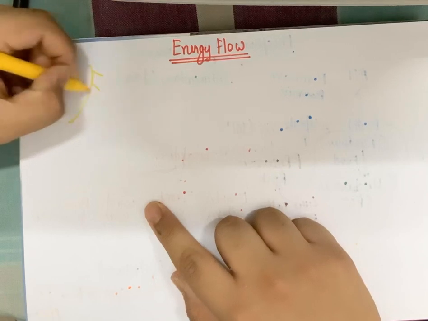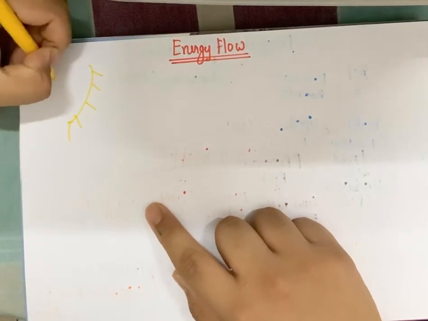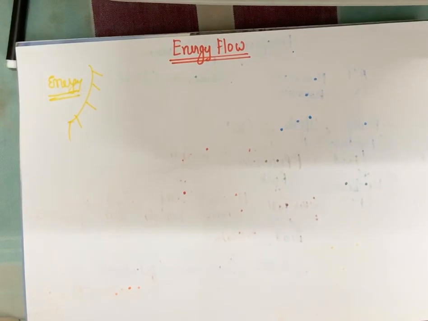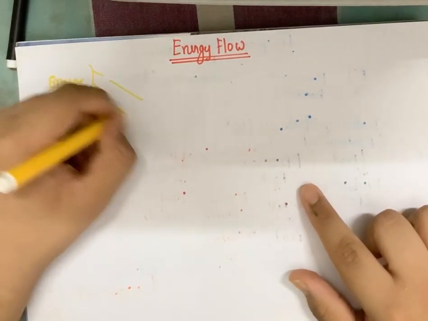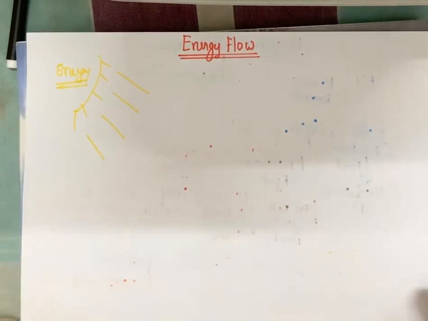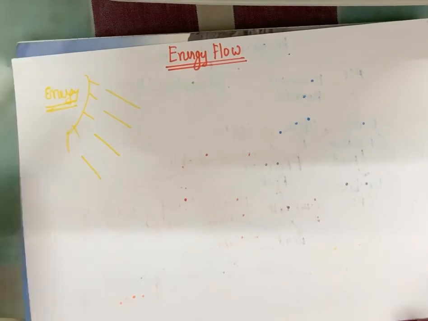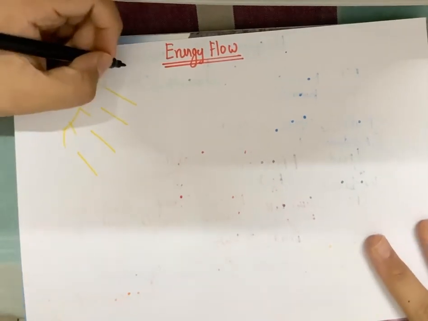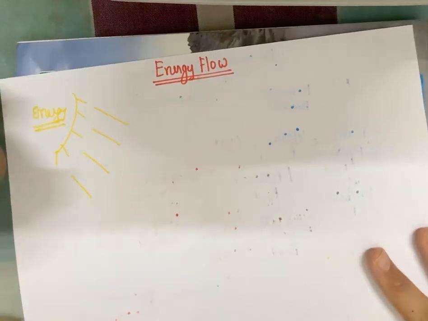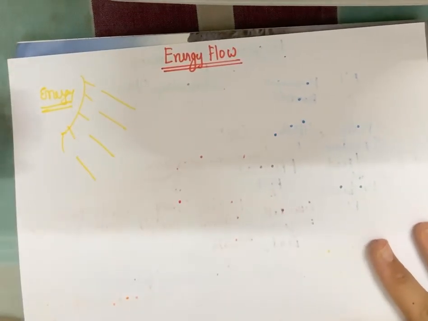So here I have the sun, which is the ultimate source of energy for the ecosystem by its radiation. This sun will emit radiations of a certain amount of energy which will sustain the ecosystem. But one thing we should know from this as well: if the sun is emitting any amount of energy, only 50% of that energy can be trapped by the autotrophs.